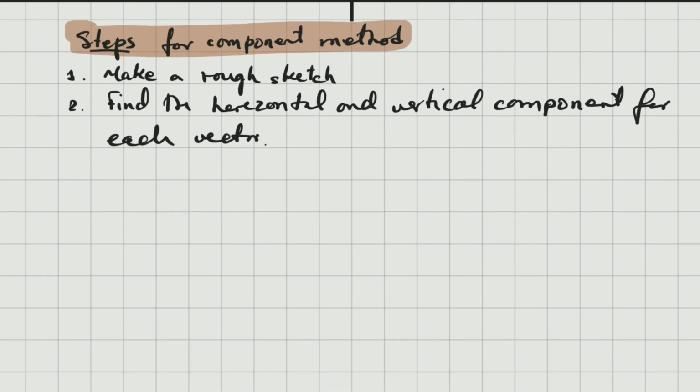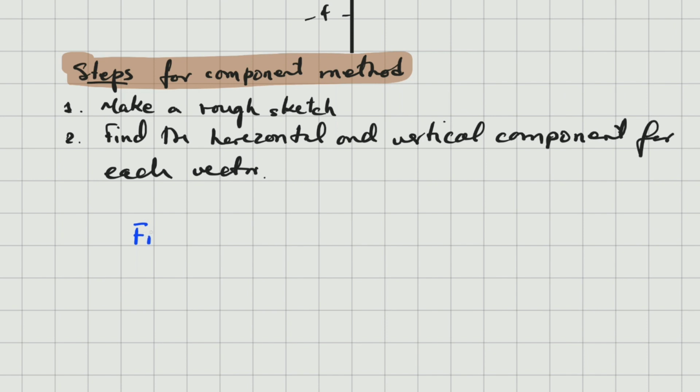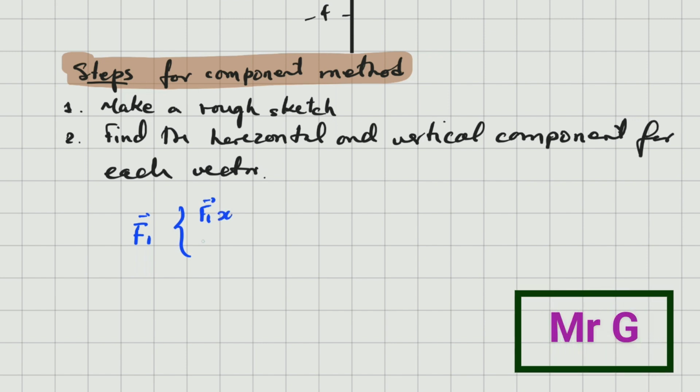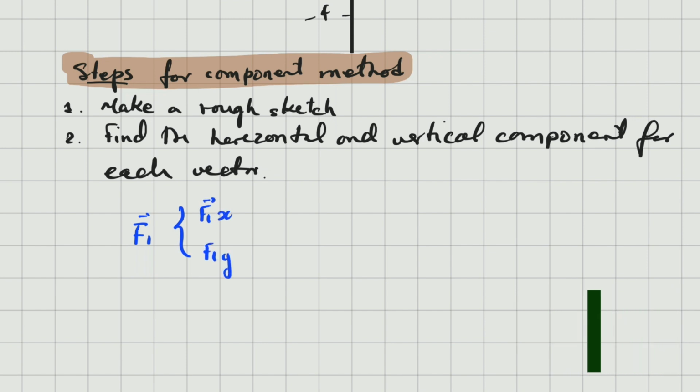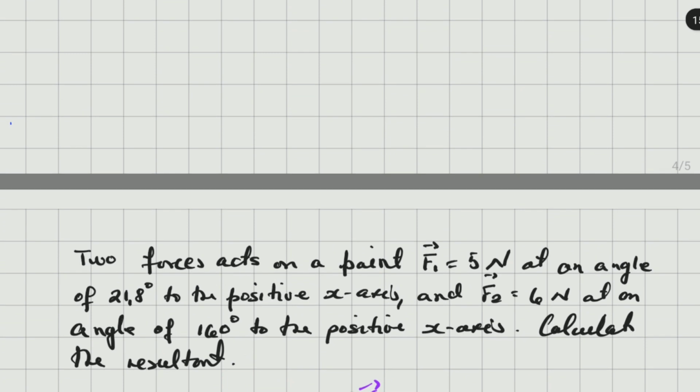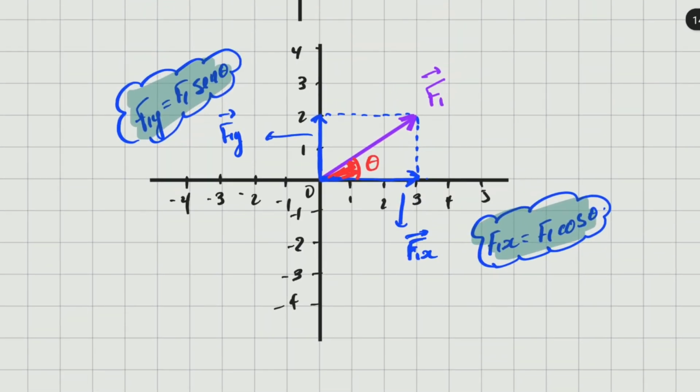So what is that? For F1, the first force, we are going to calculate F1 in x, and we are going to calculate F1 in y, using the identities explained before for the components. There is how to calculate the components.